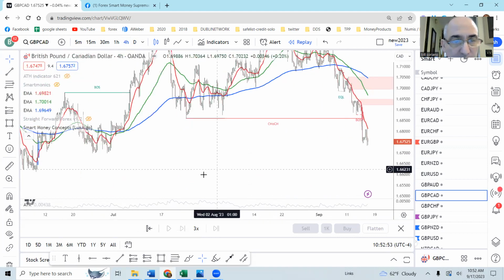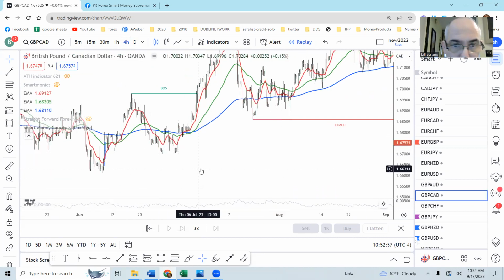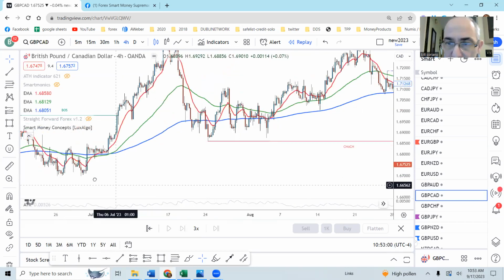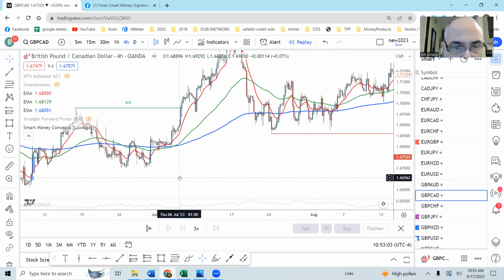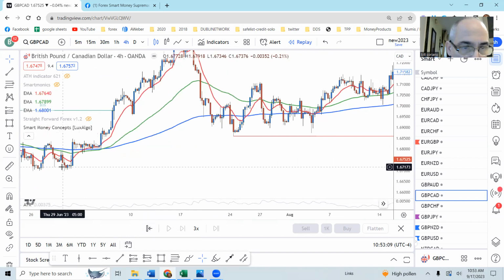So if we come over here, we have this order block right here we can trade from. It looks like it's maybe already been hit. Look at that nice engulfing candle there, right?